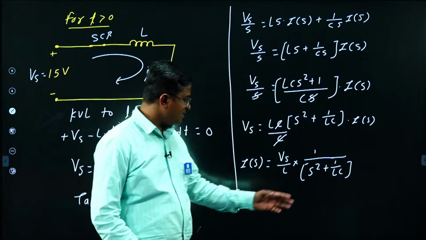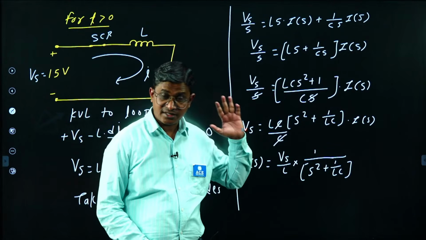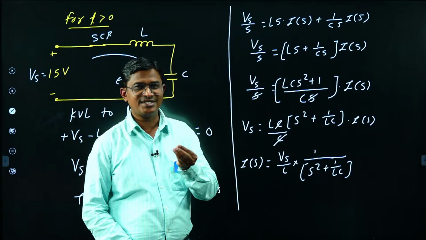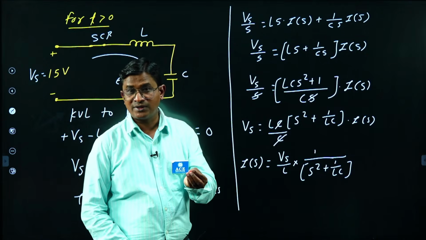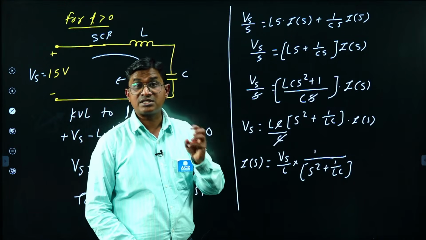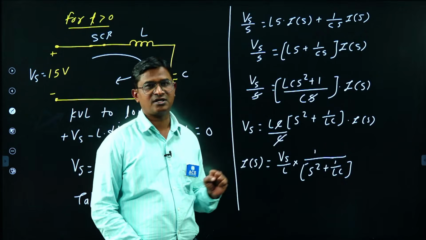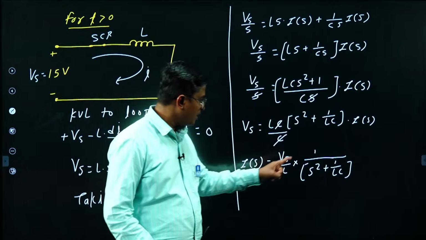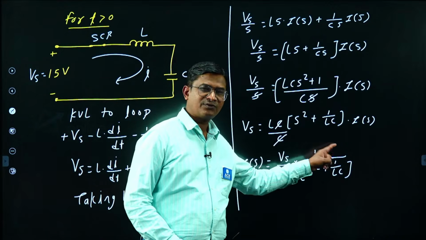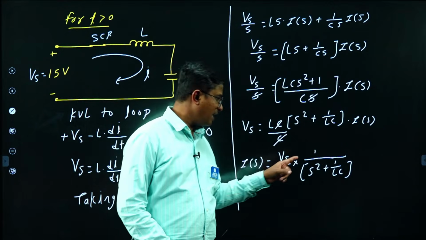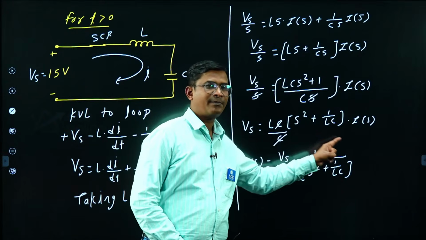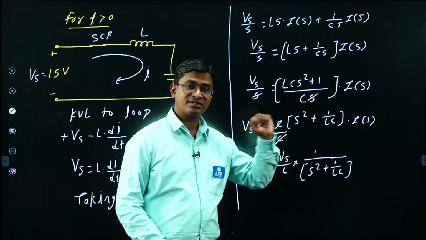Now we need to rearrange this term. Check, this is like your tank circuit again. In DC to DC converters, before thyristor commutated choppers, we discussed the tank circuit. So like a tank circuit, we are getting the current expression here. I need to multiply numerator and denominator with 1 by root LC, so that this term becomes the Laplace transform of some time domain function.